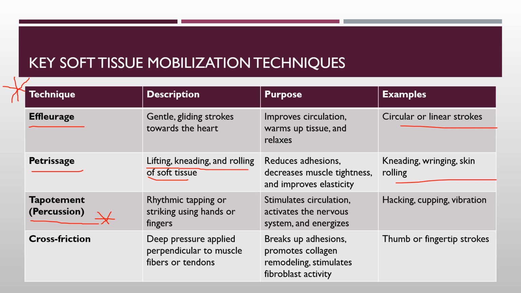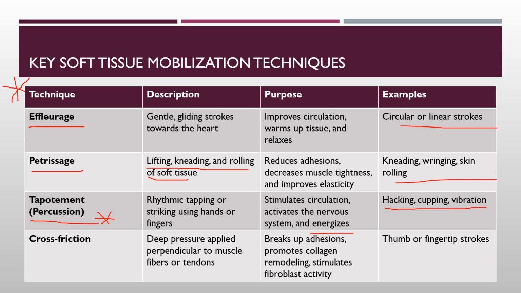We can also use hacking with the knife edge of our hand to help stimulate deep muscle activity, things like that. The purpose for Tapotement is to stimulate circulation. It activates the nervous system, so we're trying to facilitate muscle action, and it energizes a little bit as well, getting them ready for the different types of activities that we're going to use following our soft tissue work.